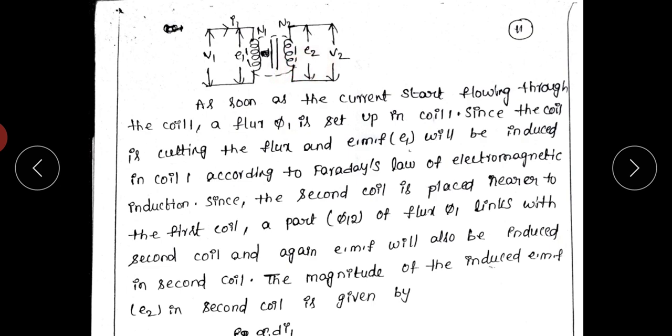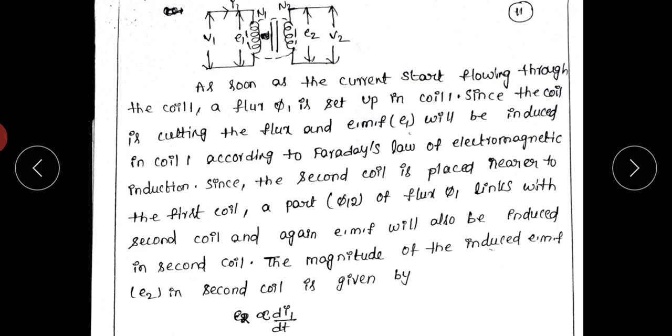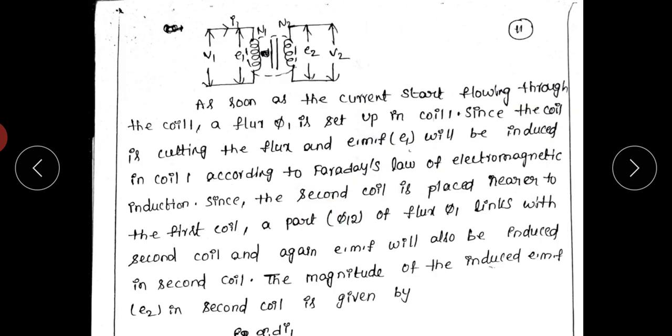As soon as the current starts flowing through the coil, a flux phi1 is set up in coil 1. Because of this current I1, a magnetic flux phi1 is produced in coil 1. Since the coil is cutting the flux, an EMF E1 will be induced in the coil.